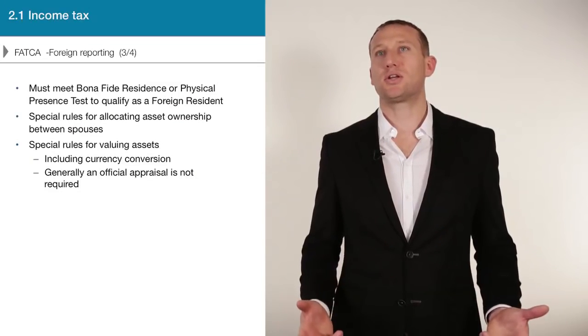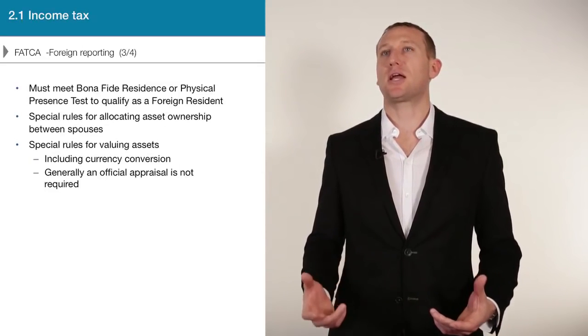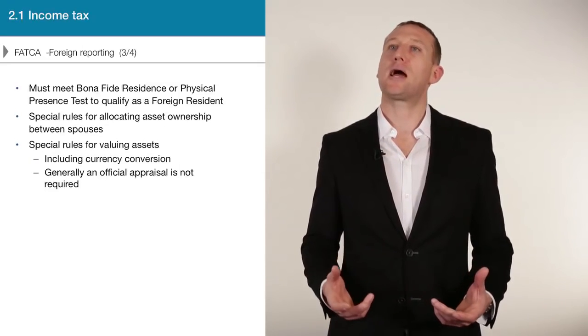In order to be considered a foreign resident for FATCA purposes, it's much like the foreign earned income exclusion or foreign housing exclusion deduction in that you must meet one of the two tests, either the physical presence test or the bona fide residence test to be considered a foreign resident. There's also special rules for allocating assets between husband and wife.